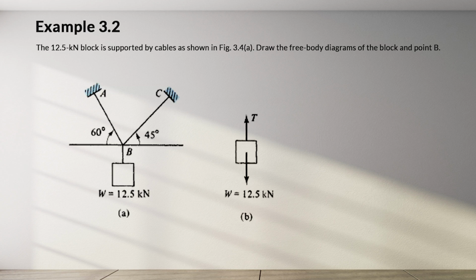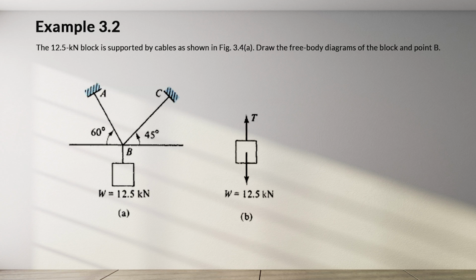Because the block is at rest, the forces are in equilibrium, and the resultant is equal to 0. Therefore, T minus W equals 0, or T equals W equals 12.5 kilonewtons. So, the tension in the cable will equal the weight of the block.